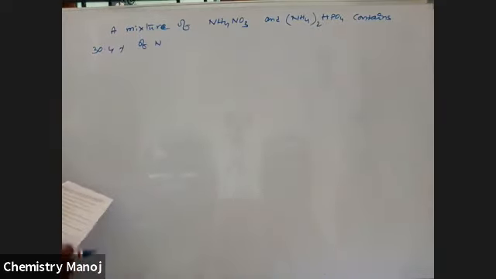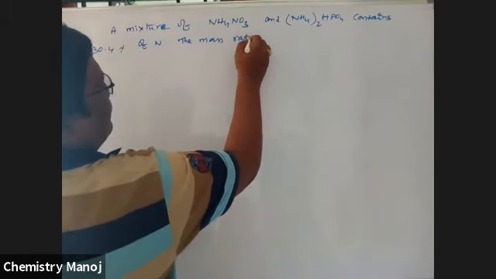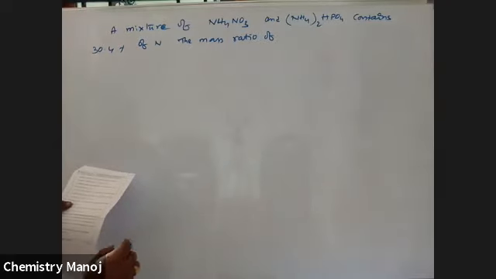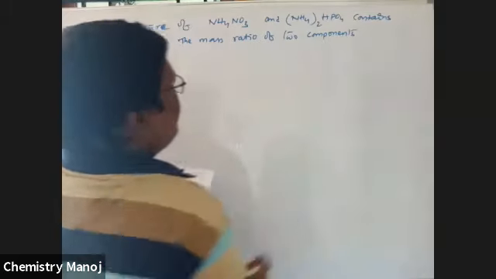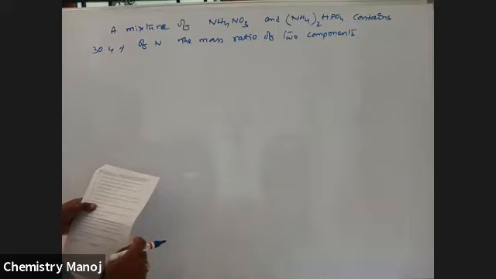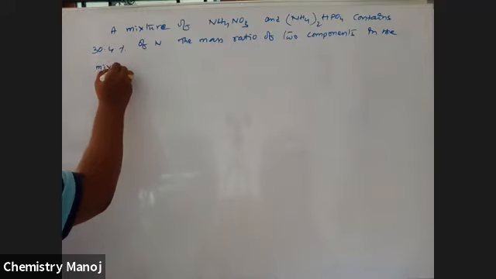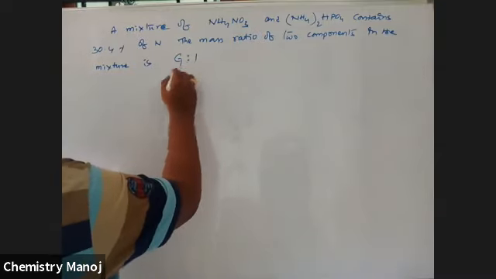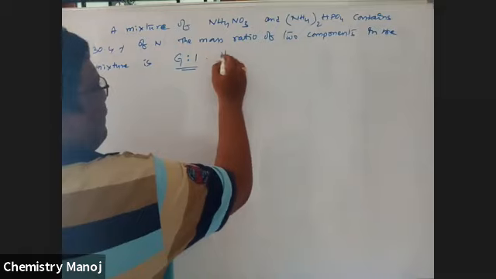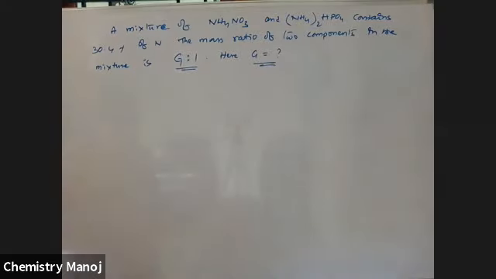The mass ratio of the two components in the mixture is G:1. Here G is equal to how much?